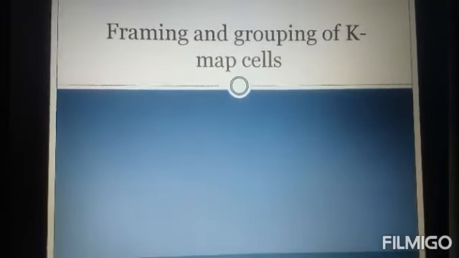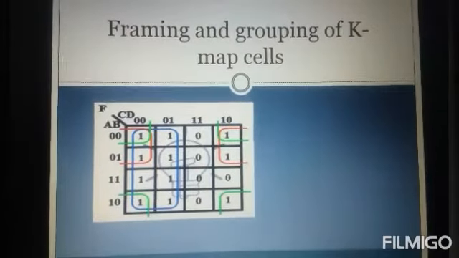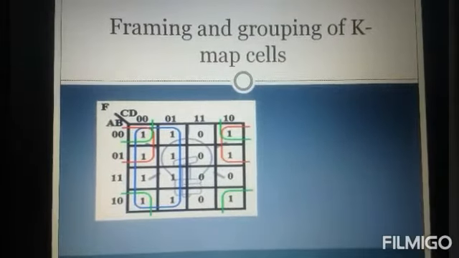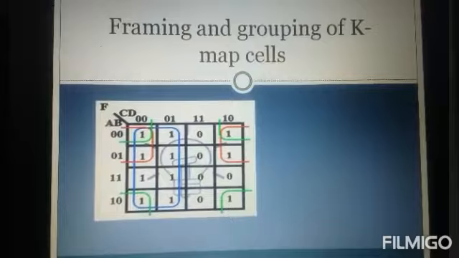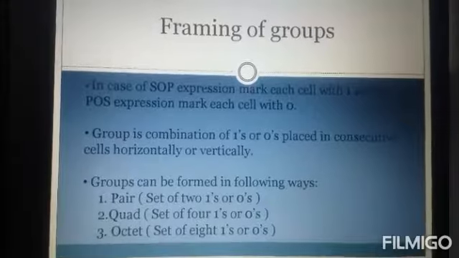See, in this way K-map groups look. And first of all, the question arises how we have to frame a group. Then a few points we have to remember.